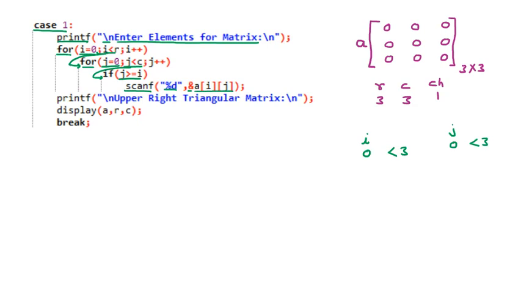So they are going to replace these values. See how they are working. First of all, just pay attention to this matrix. I am going to redraw this matrix, then we can understand. So the matrix A I am going to redraw, which is a 3 cross 3 matrix, 0, 0, 0.